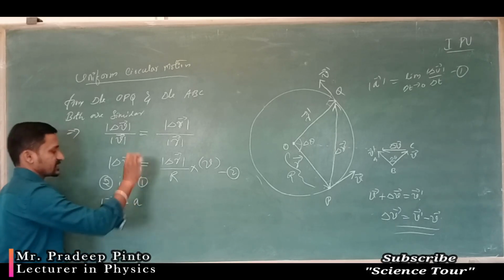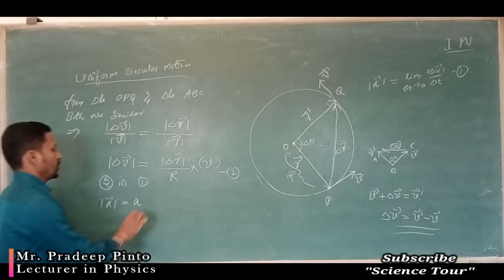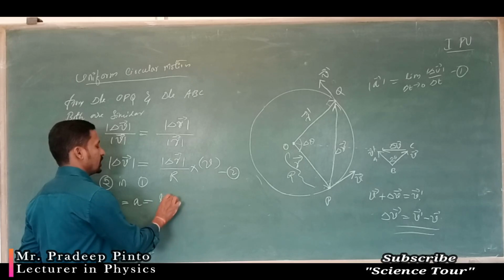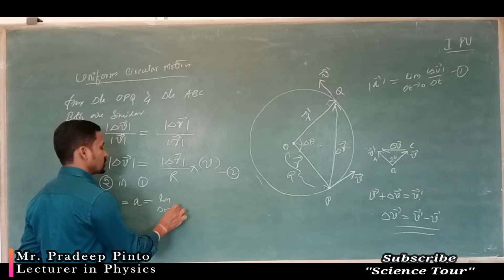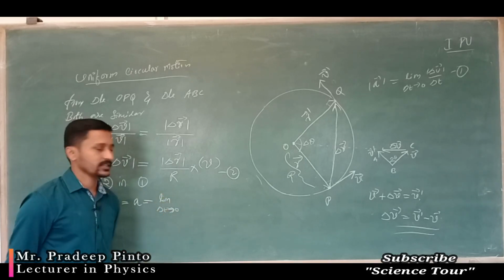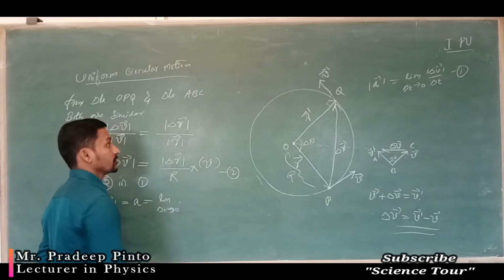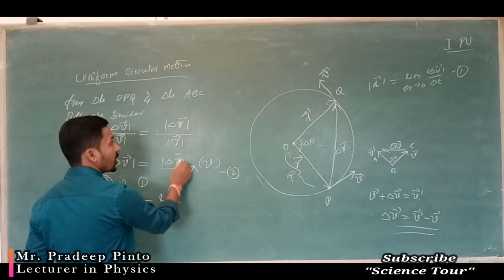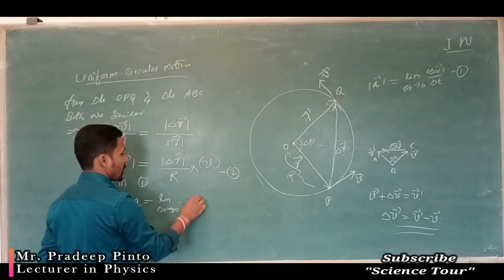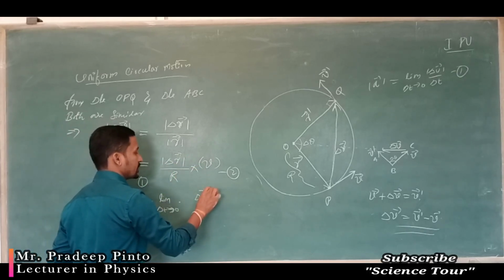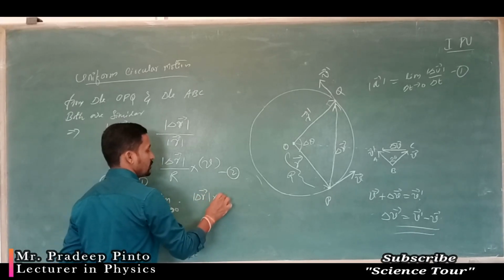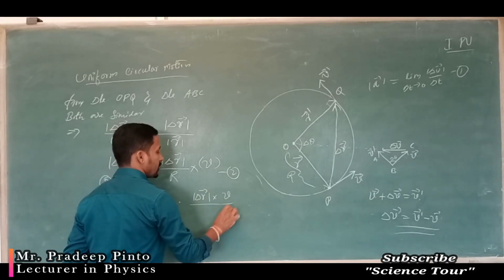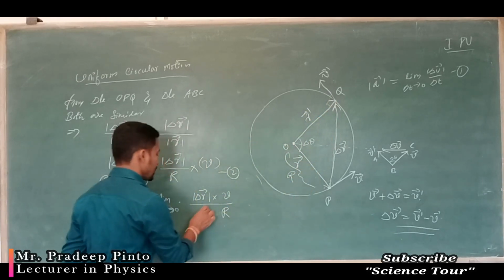The magnitude of acceleration A is equal to the limit as Δt tends to 0 of (Δr magnitude × V) divided by (R × Δt).